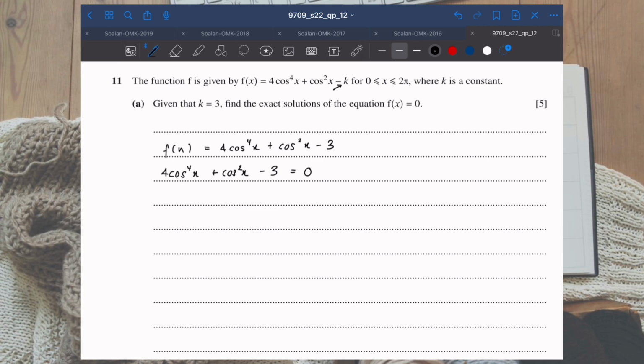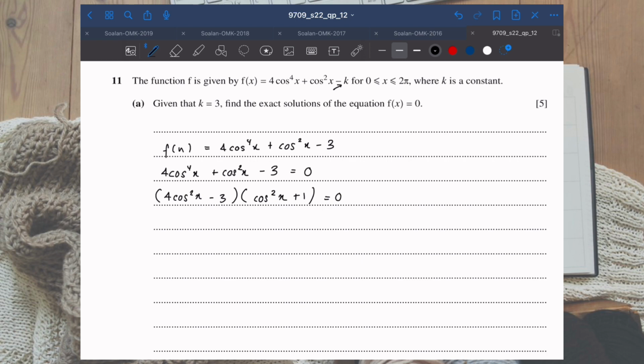We can factorize this equation. You can use your calculator for this. Factorizing the equation, we get 4 cos squared x minus 3 and cos squared x plus 1 equals 0.